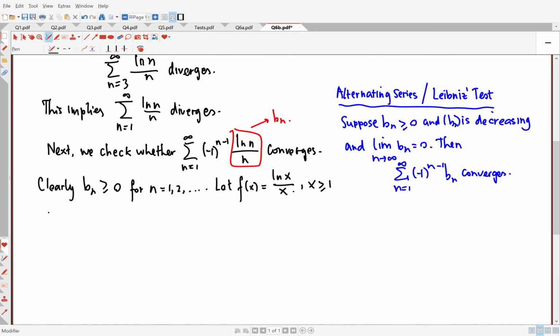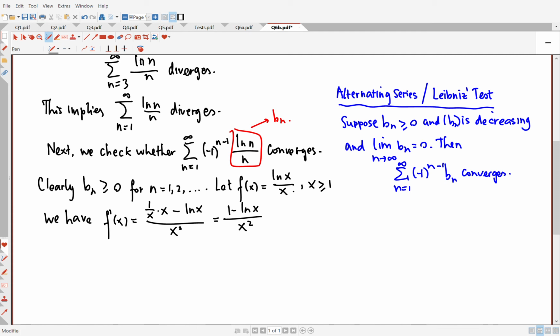We can just take the first derivative. Okay, so we have f prime x is equal to 1 over x times x minus ln x divided by x squared.